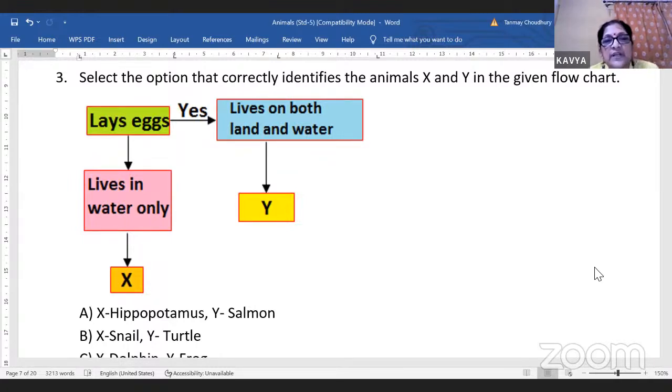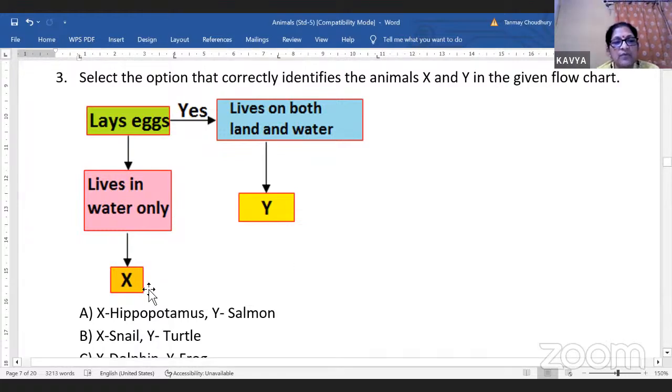This is also an Olympiad favorite type of question. So the animal lays eggs, yes. Lives on both land and water will be Y. Somebody who lives on both land and water, for example the amphibians. Lays eggs and lives in water only will be X. What animal can it be?